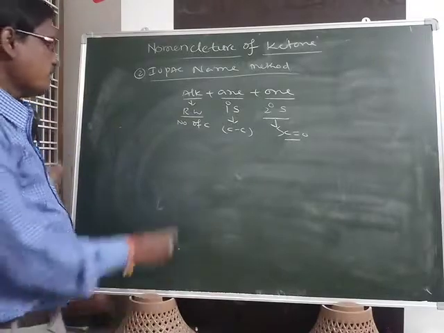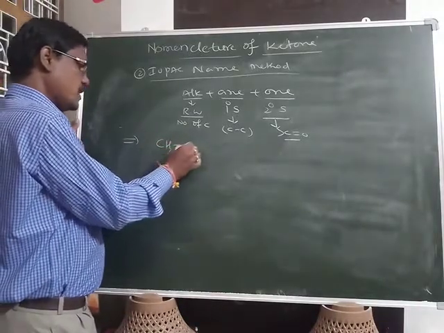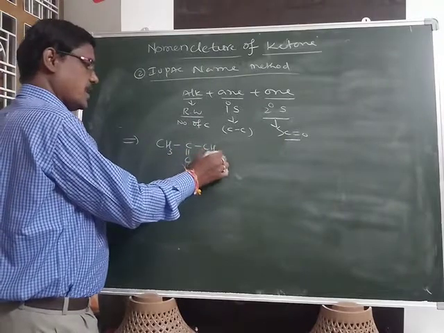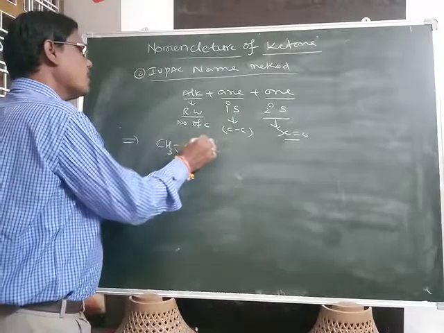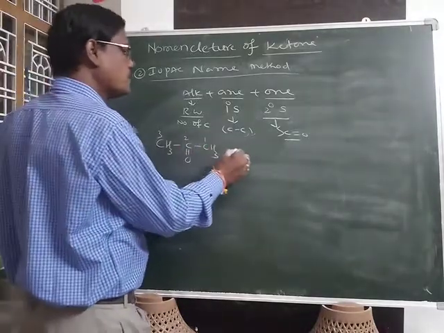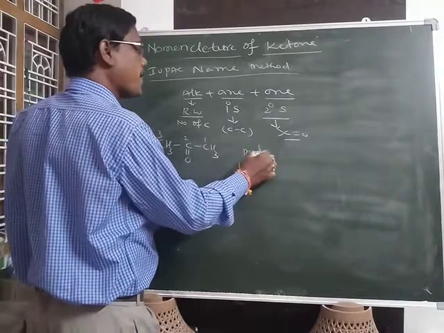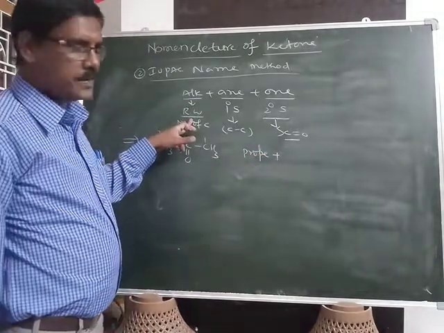Based on this, first example: CH3 C double bond O CH3. How many carbons are present? 1, 2, 3 carbons. That's why the root word is prop. Root word completed.